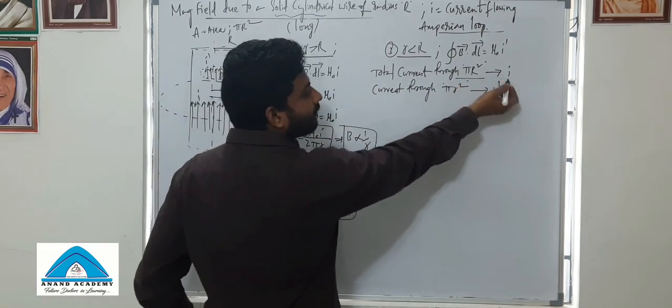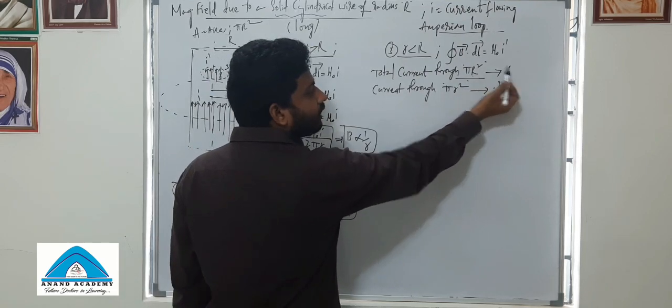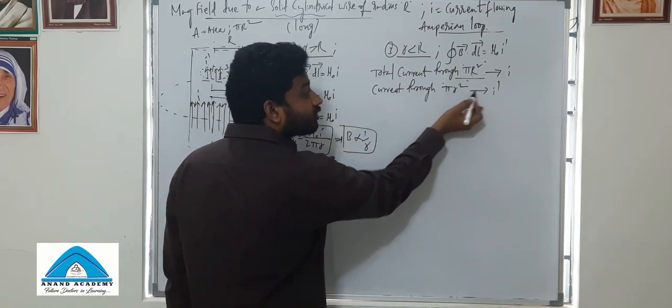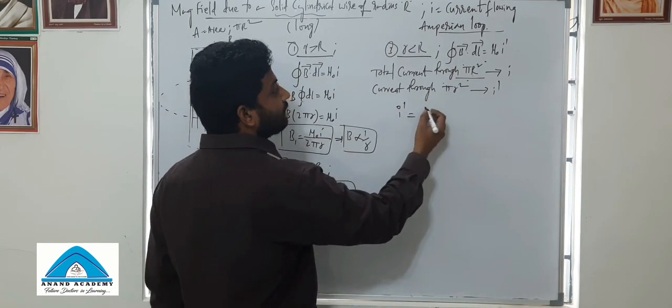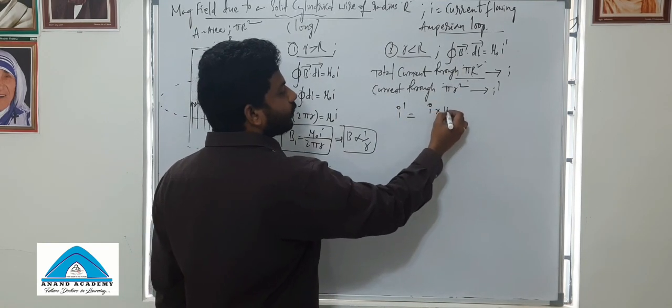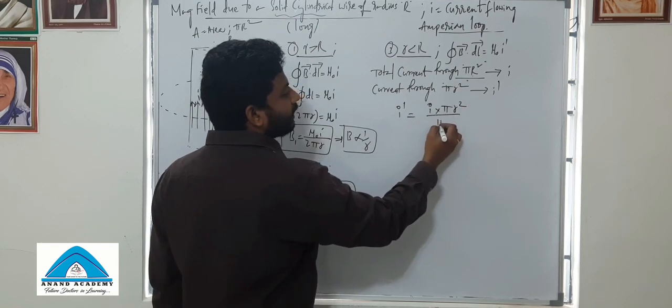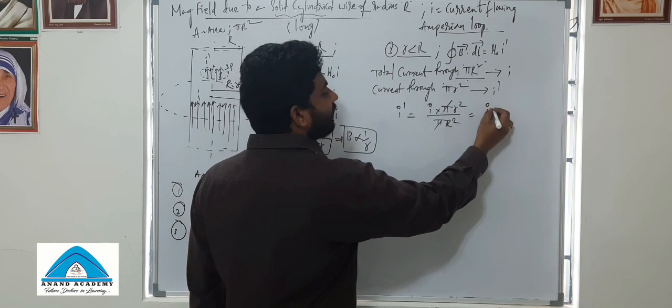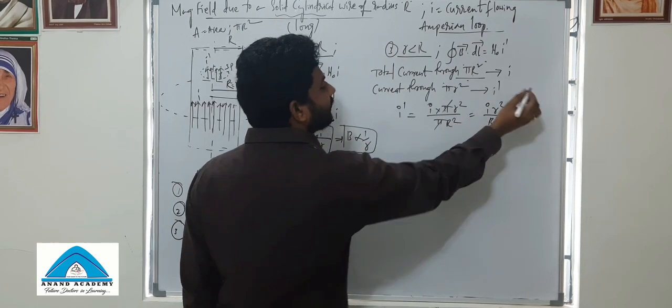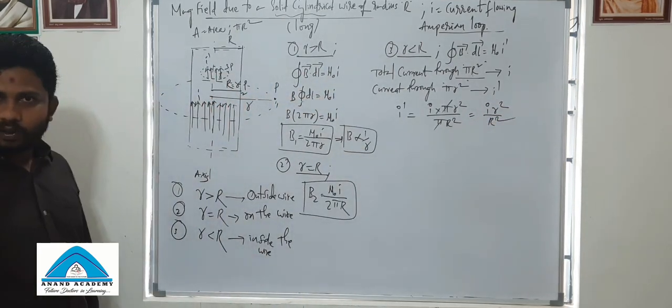If you cross multiply, for pi R square the value is I, and for pi small r square it is I dash. So now you can simply write I dash is equal to I into pi small r square by pi capital R square. Pi cancels, and I dash is I small r square by capital R square. That's the I dash value.